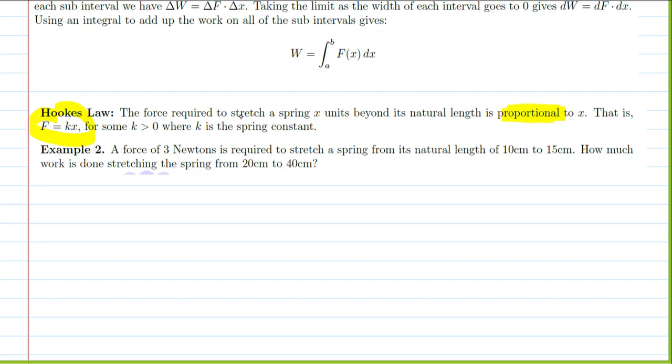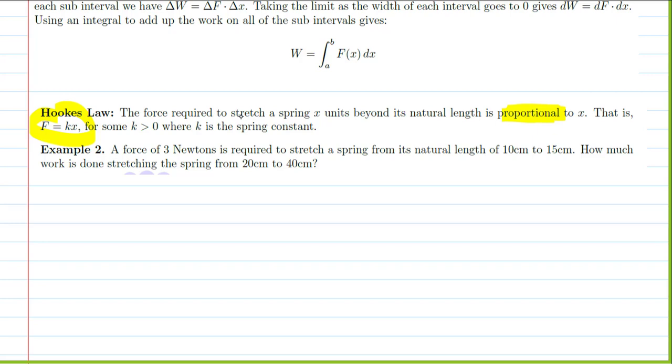So in our problem it says a force of 3 newtons is required to stretch a spring from its natural length of 10 centimeters to 15 centimeters. How much work is done stretching the spring from 20 to 40 centimeters? So first thing we need to do is notice what were our units of distance given in?